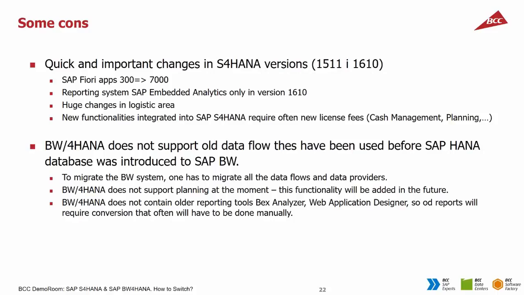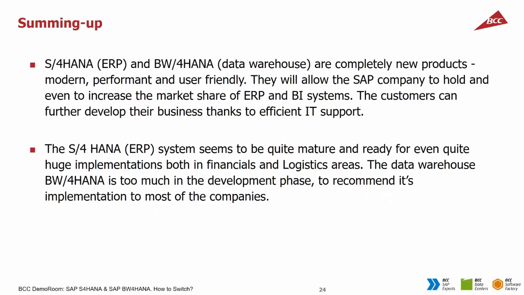So I would say BW for HANA is something for the future, but when you want to switch now to a new BW, just switch to BW powered by SAP HANA version 7.5. It has almost all the features of BW for HANA, but keeps backward compatibility with the older BW versions, and also has planning and consolidation capability inside. To sum up, I really recommend moving to S/4HANA, as this is a really major component.